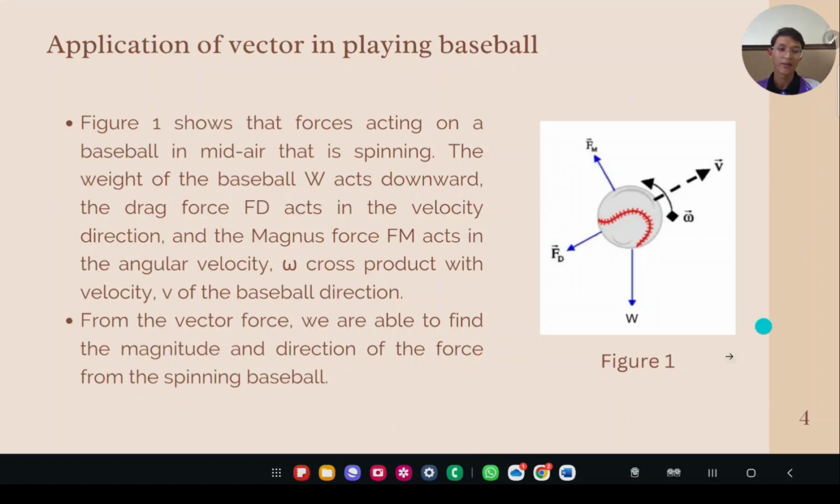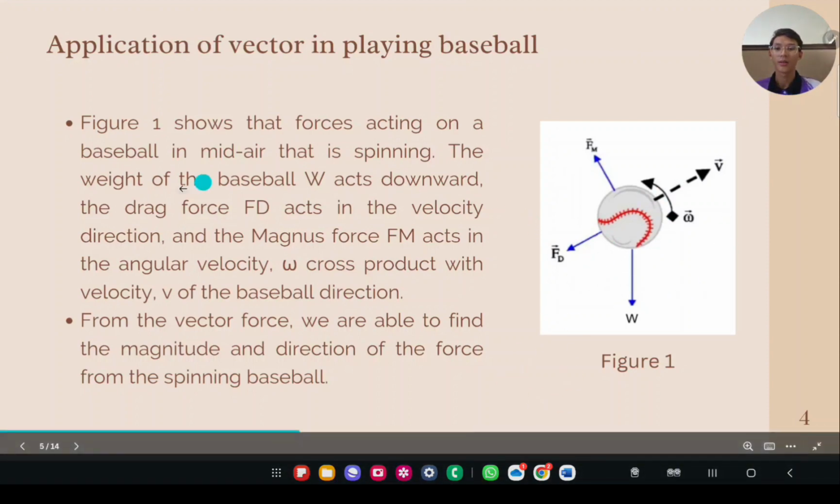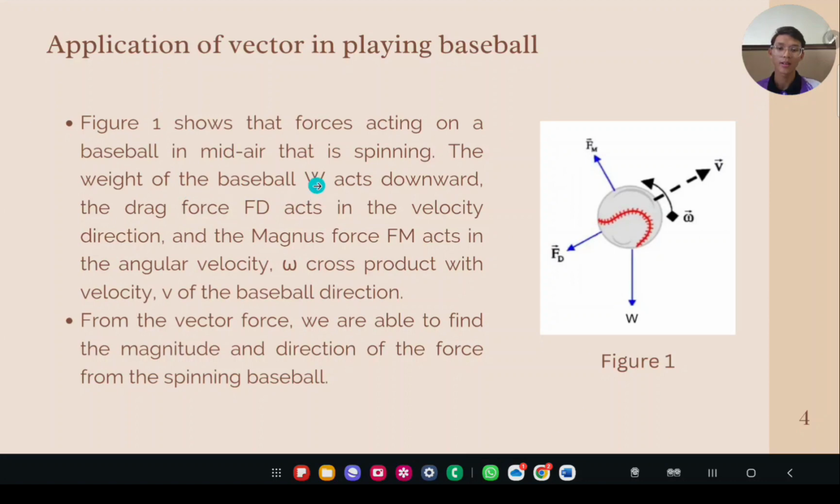So there are a few forces that exert on this spinning baseball. So the weight of the baseball, W, acts downward because of gravity force.